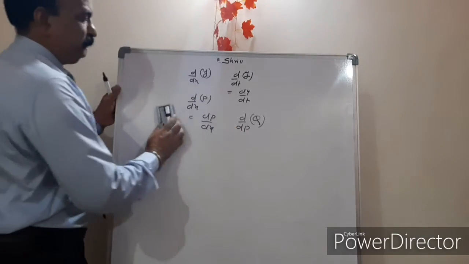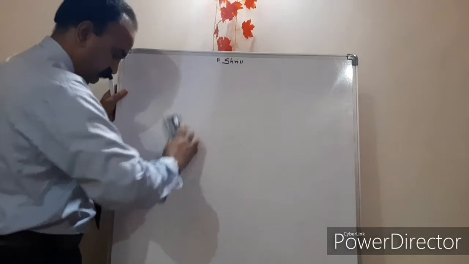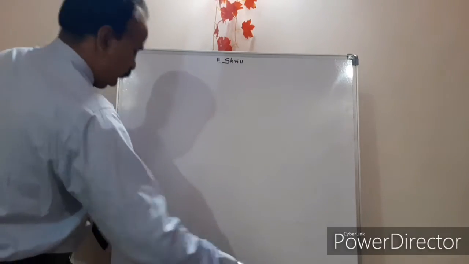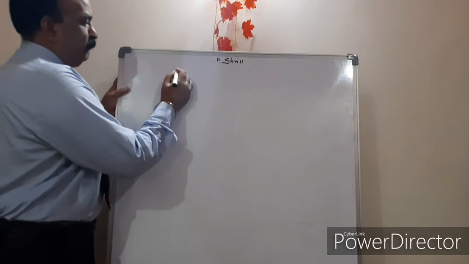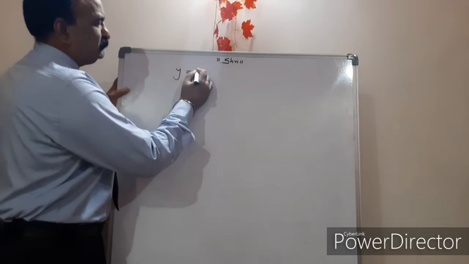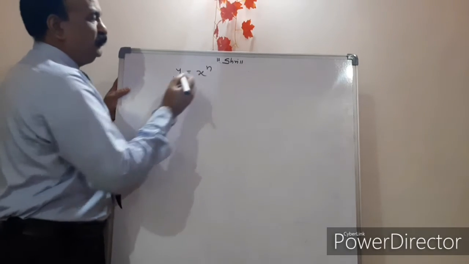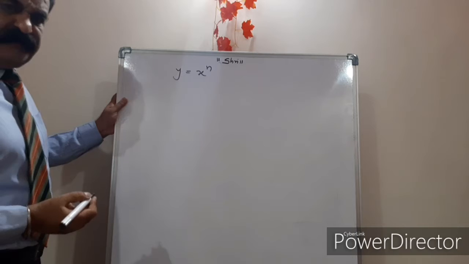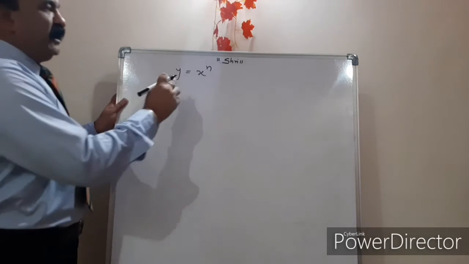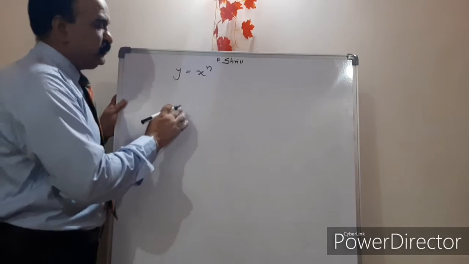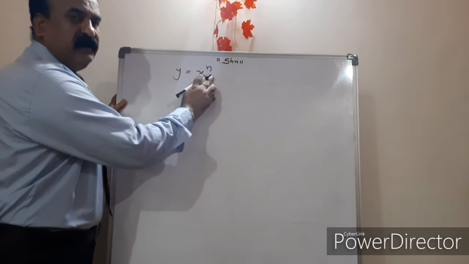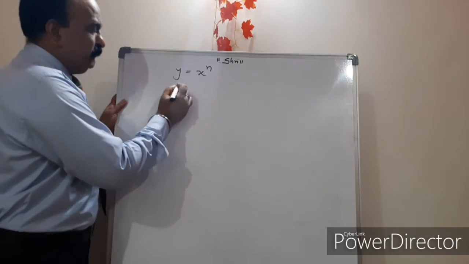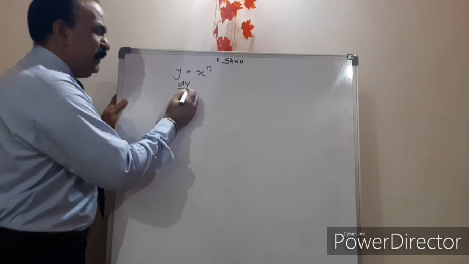Now see, y is equal to x to the power n, and now you have to find the differential coefficient of x to the power n with respect to x. It means you will write dy by dx.